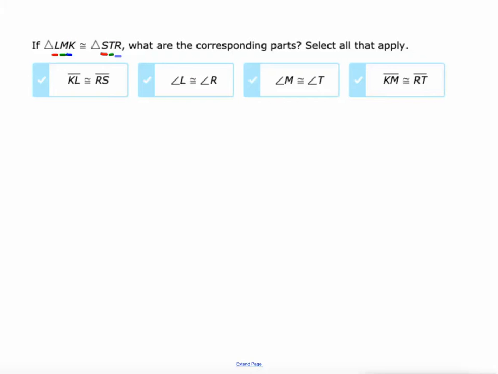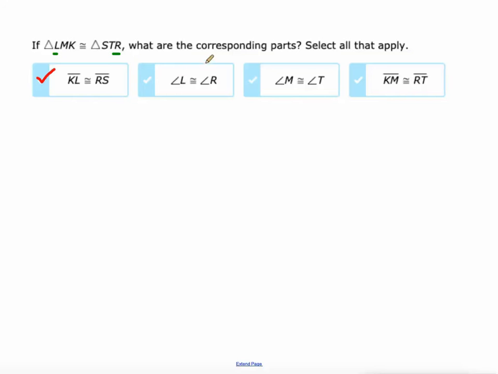All right, so let's look at these. Is KL congruent to RS? Yes, it is. What about angle L and angle R?